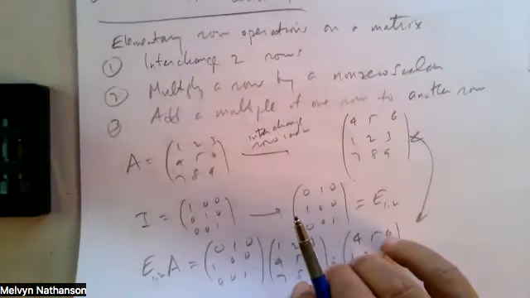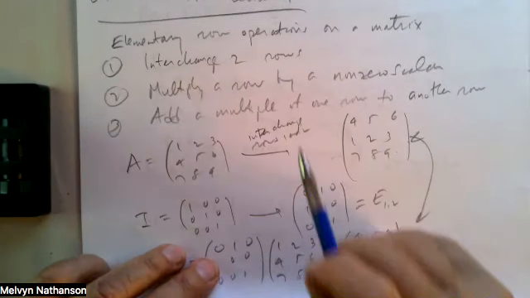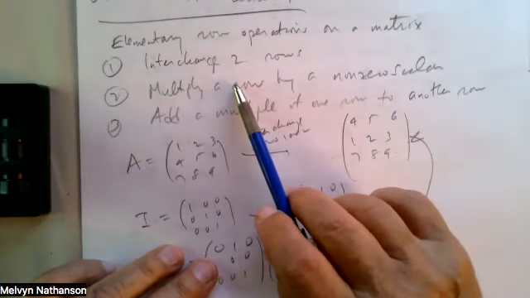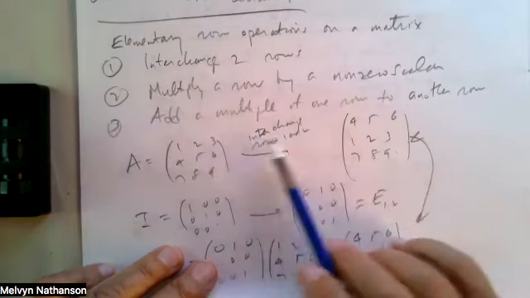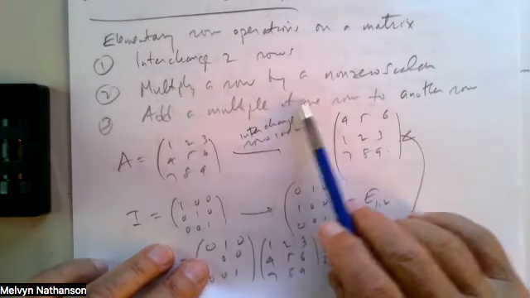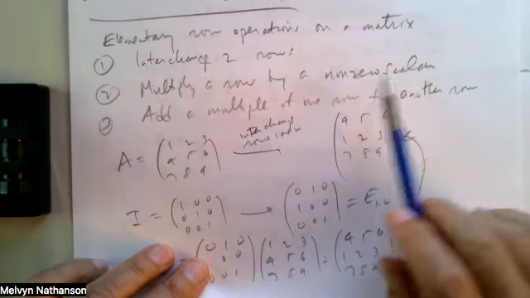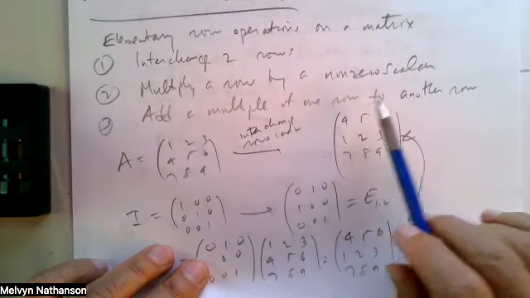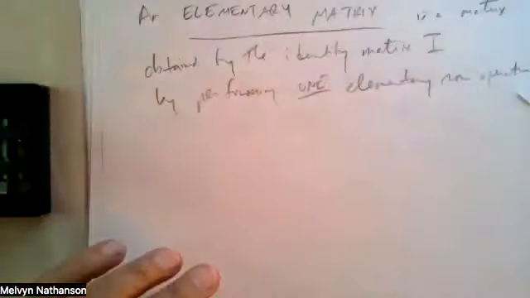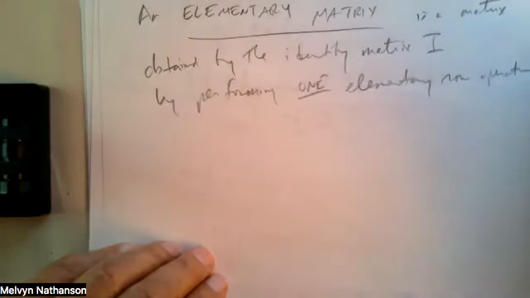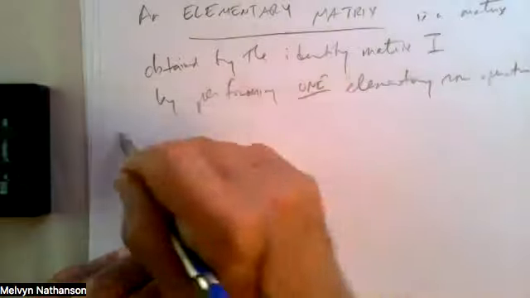Again, you have to remember what the elementary row operations are. You can interchange two rows, you can multiply a row by a non-zero scalar, or you can add a multiple of one row to another row. And we can express each of these operations by an elementary matrix.